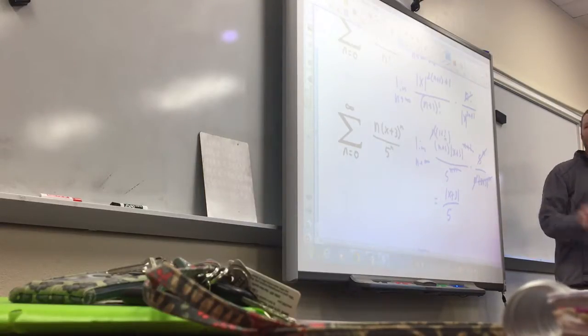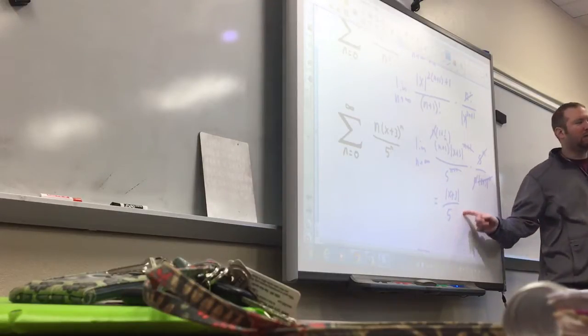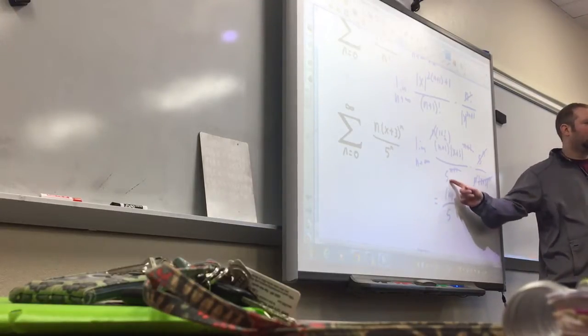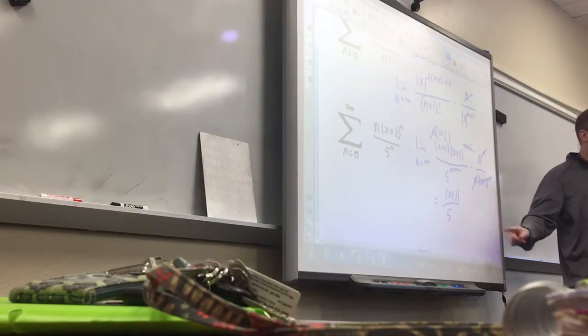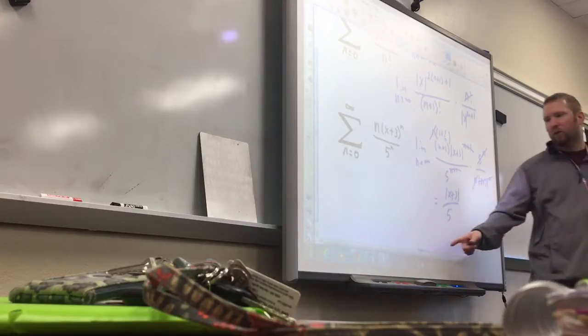Ones like this hopefully become somewhat routine, just seeing what's going on with it. There are definitely going to be harder ones that we'll look at and figure out, but this comes out relatively routine. So this is what we're calling L. So it's going to converge when this is less than 1.